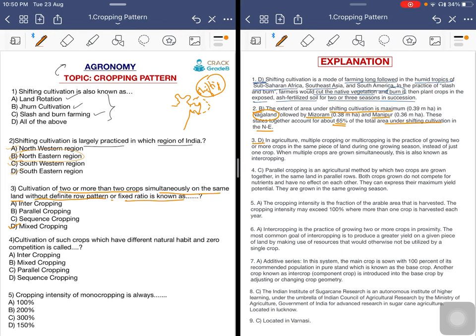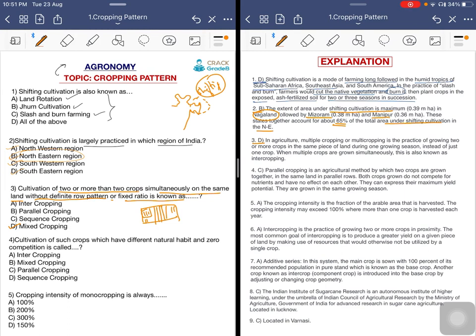For example, in this plot, some 3 lines of some pulse, and again 2 lines of some bush type of crops like bush type tomatoes, and another 6 lines of sugarcane. Different types of crops grown in the same piece of land without a definite row is called mixed cropping.